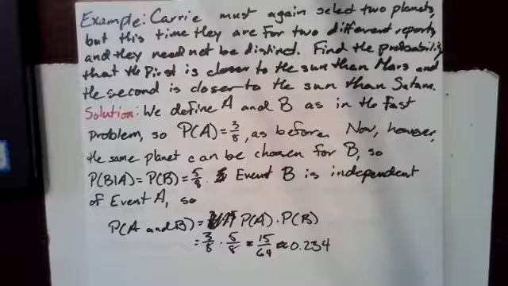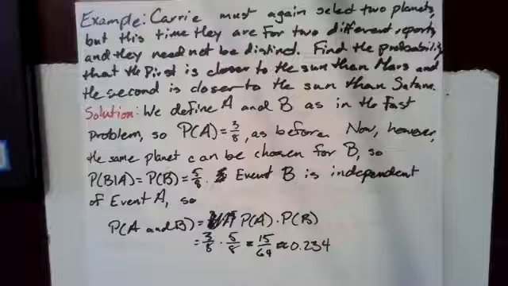Another example. Carrie must again select 2 planets, but this time they are for 2 different reports and they need not be distinct. Find the probability that the first is closer to the sun than Mars and the second is closer to the sun than Saturn. Solution: we define A and B as in the first problem, so the probability of A is 3/8 as before.